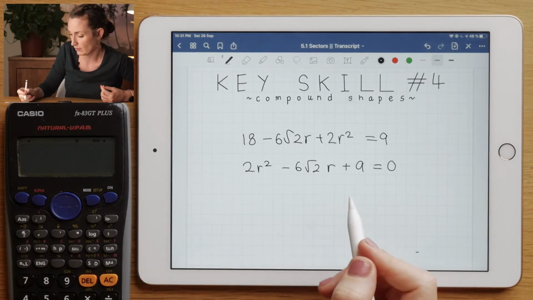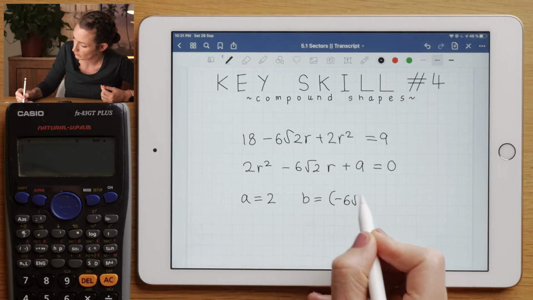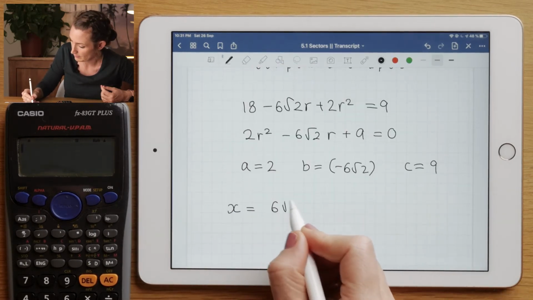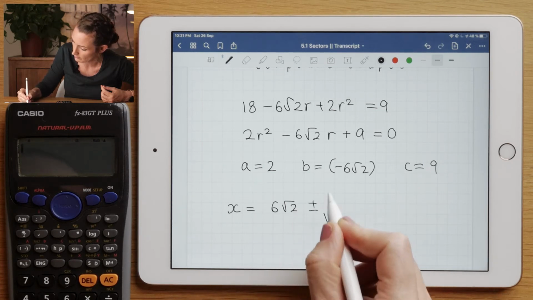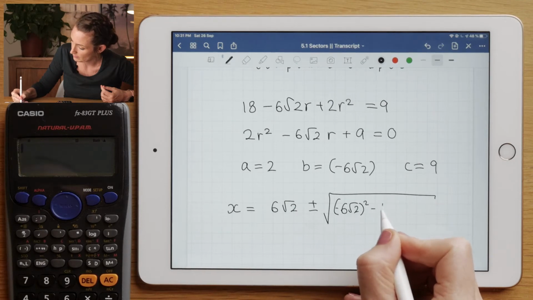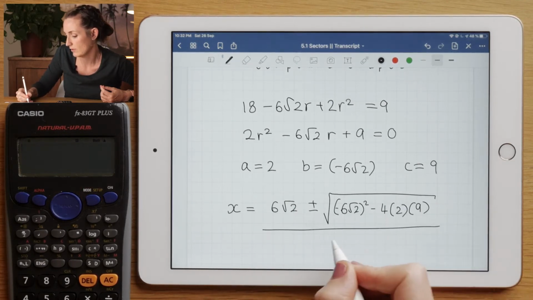I'm going to put all of that in the quadratic formula with a equals 2, b equals minus 6 square root 2, and c equals 9. So minus b will be plus 6 square root 2 plus or minus the square root of b squared minus 4 times a times c, divided by 2a.